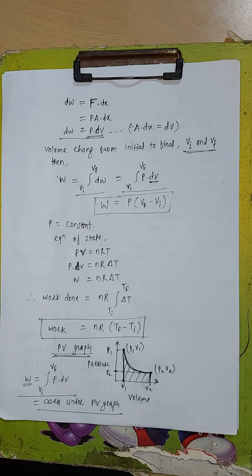Next conclusion: if volume increases, then work done is positive, and if it decreases, then work done will be negative. And for a cyclic process, work done is positive if the cycle is clockwise, and work done is negative if the cycle is anti-clockwise. So these are some of the conclusions from this work done. This is one of the important terms which we use in the first law of thermodynamics, that is work done. So this is all about work done in a thermodynamic system.